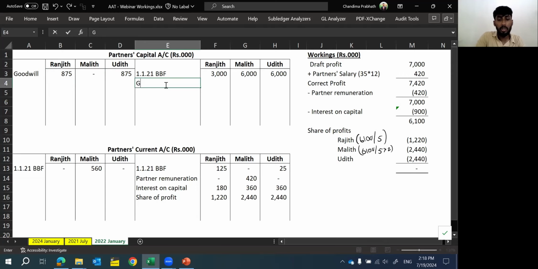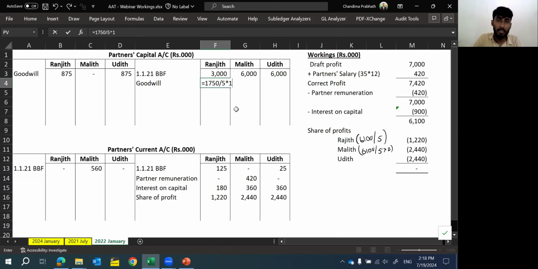Then credit goodwill at the old ratio, 1, 2, 2. So how to do that? 1,750 divided by 5 multiplied by 1 for Rajit.